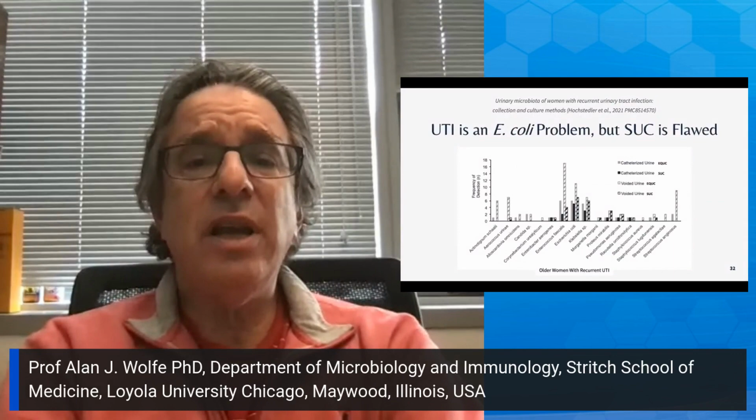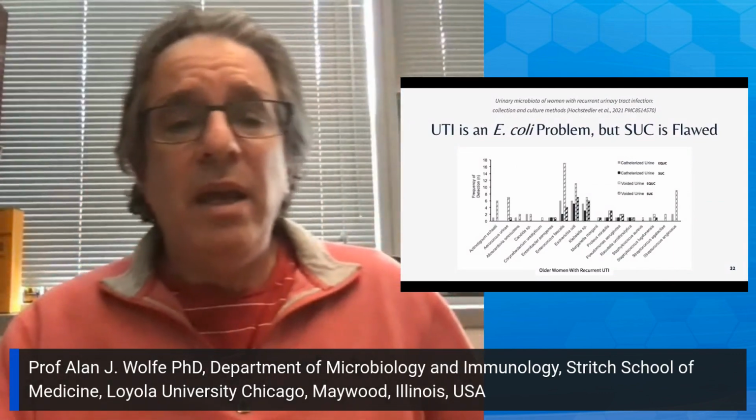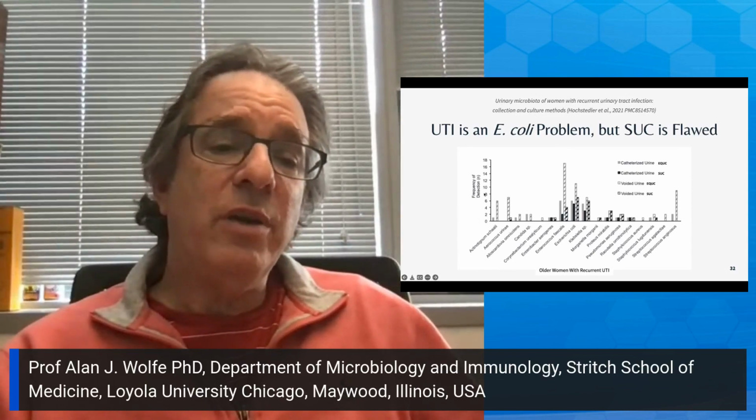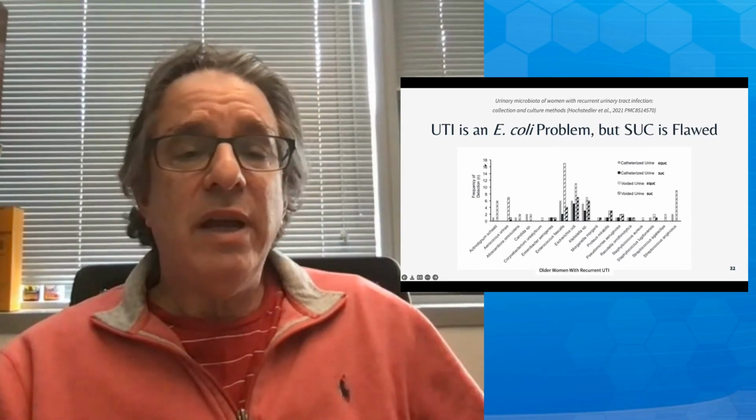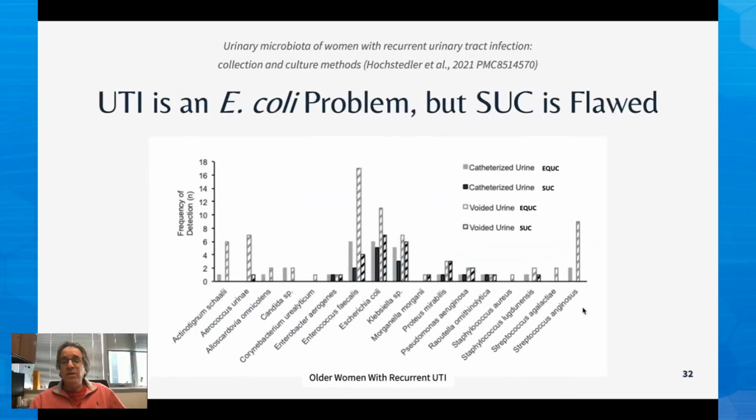So here's another study by another student of mine, Bailey Hochstetler, who's still in my lab. What we're looking at here is the frequency of detection. How common is it? These are a bunch of organisms, some whose names you probably recognize, and some you're going to go, what? Never heard of them.